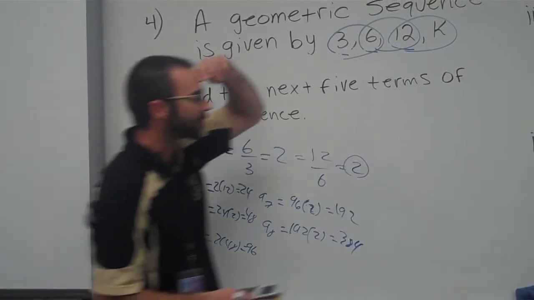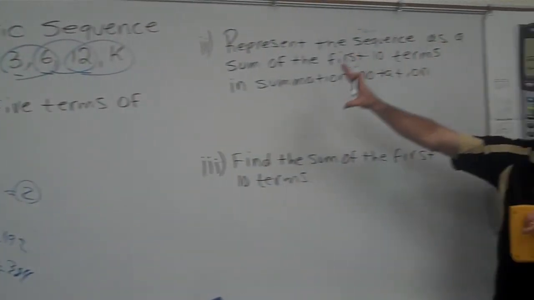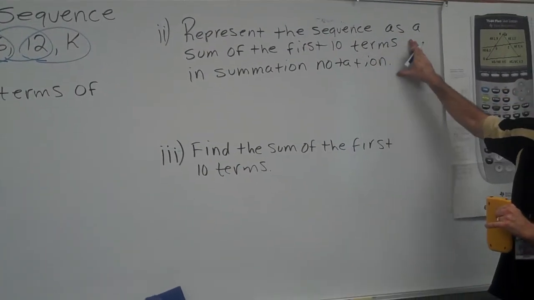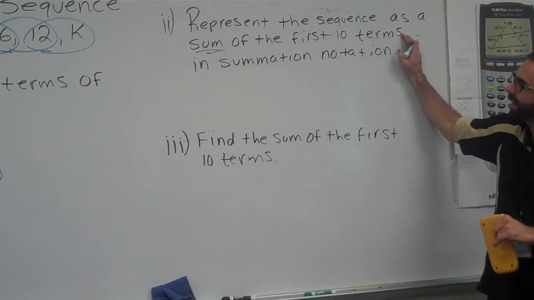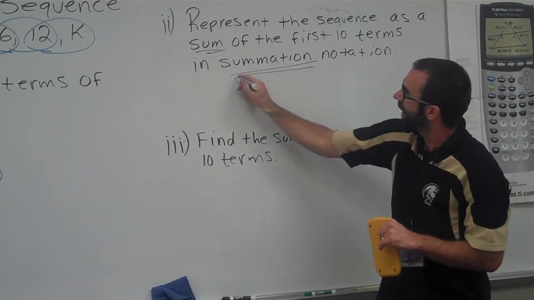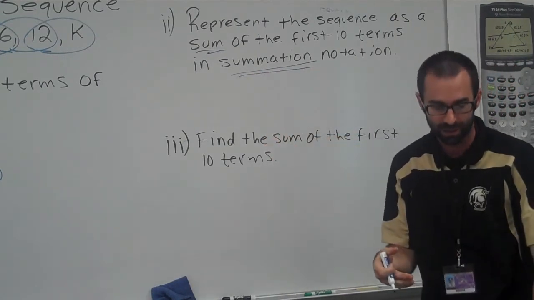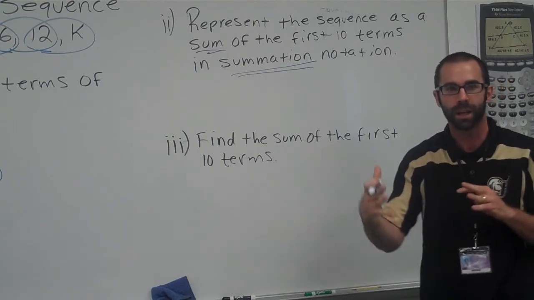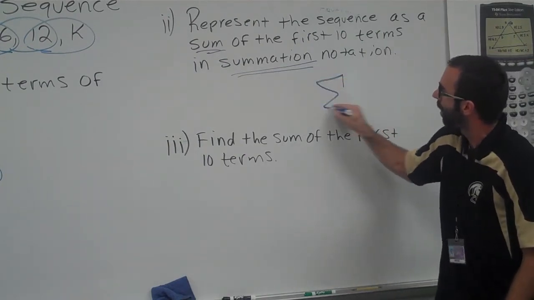Coming over to our next part, we want to represent our geometric sequence as a sum of the first 10 terms using summation notation. Mr. Nzunza already talked about summation notation, which is a fancy way of using our Greek letter sigma.